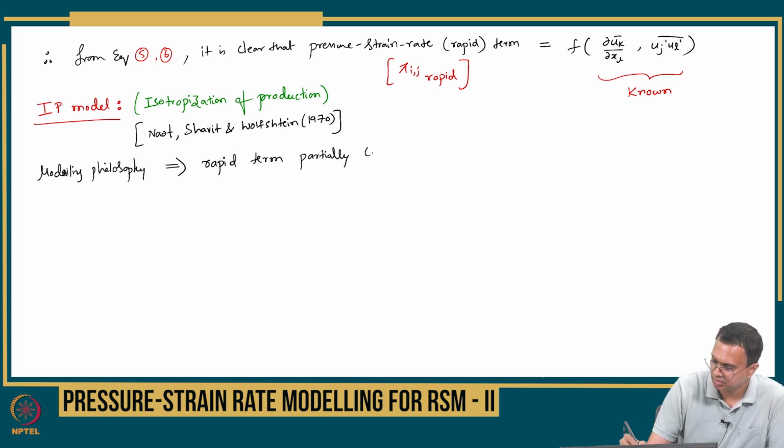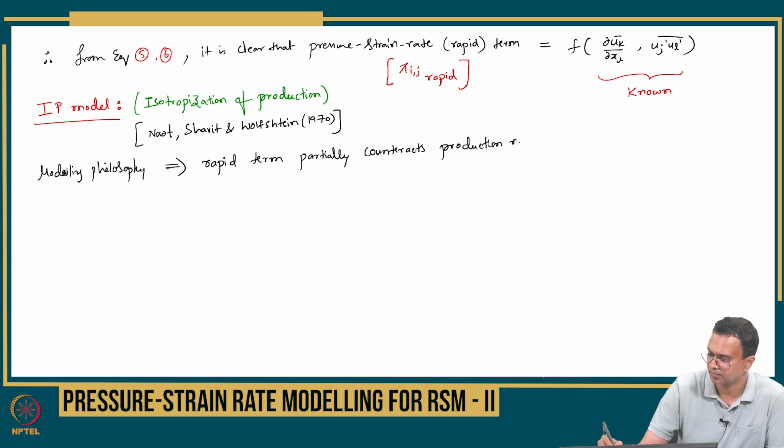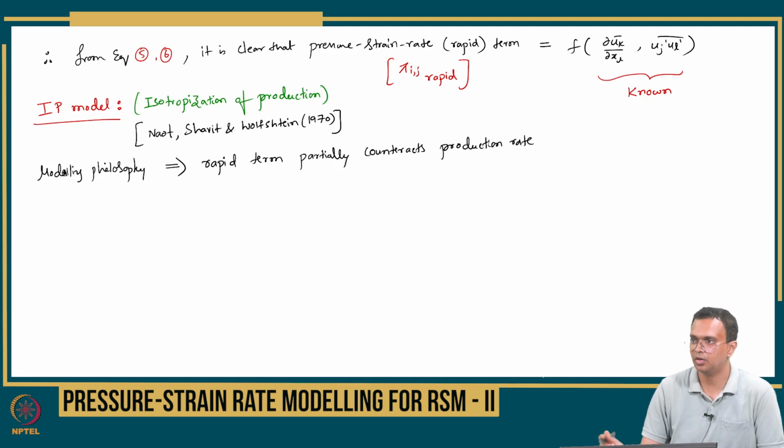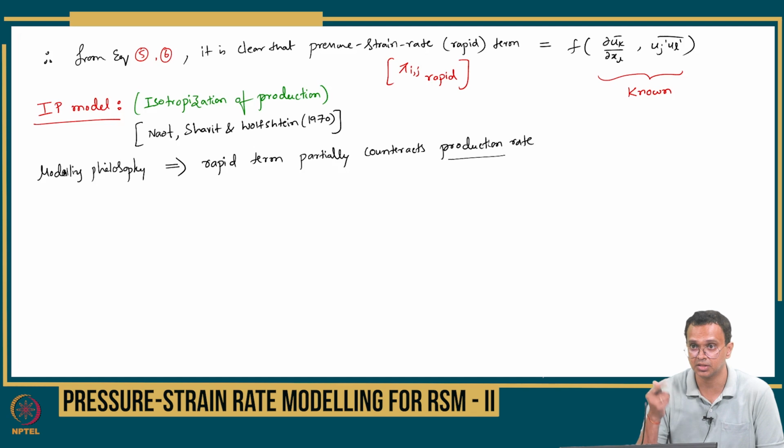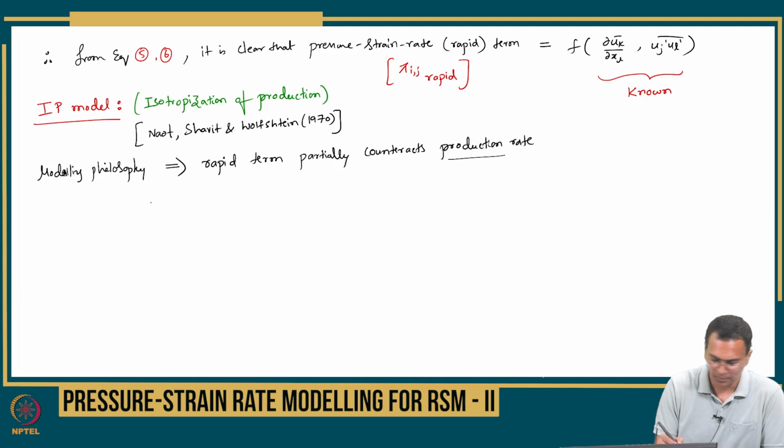So if you recall, the pressure strain rate's role is basically to redistribute, and we are trying to relate it to the production rate, because the production rate has Reynolds stresses and mean strain, and we have established a relationship now that the rapid term in the pressure strain rate is a function of Reynolds stresses and mean strain rate, and therefore, the model itself will be like this.